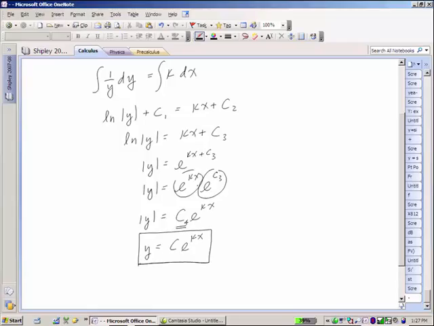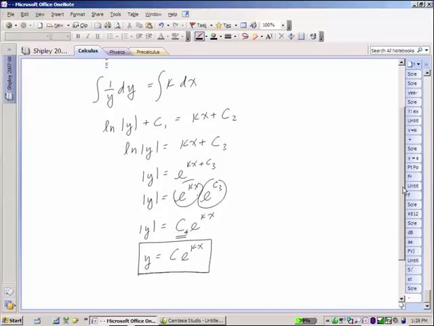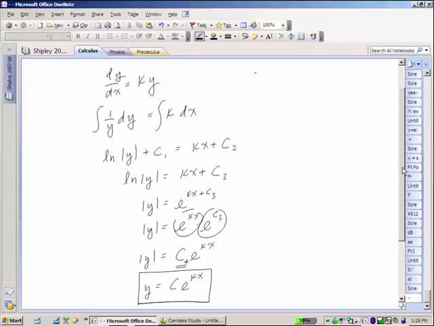This is the solution. That's a pretty famous function from pre-calc, right? Isn't it PERT or exponential growth, or there's a lot of ways of saying it. So this actually ties together calculus, a differential equation, with something that we learned in pre-calculus that had a whole chapter devoted to it, right?